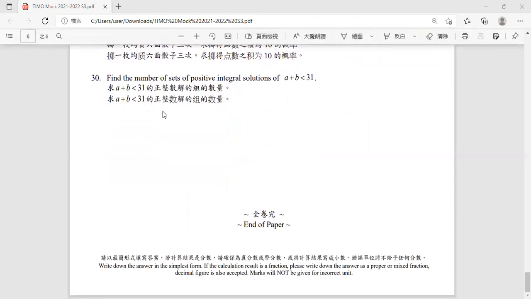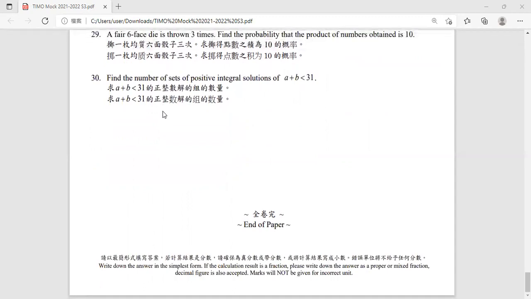Okay, 30. Ready? Find the number of sets of positive integers where a plus b is more than 31.